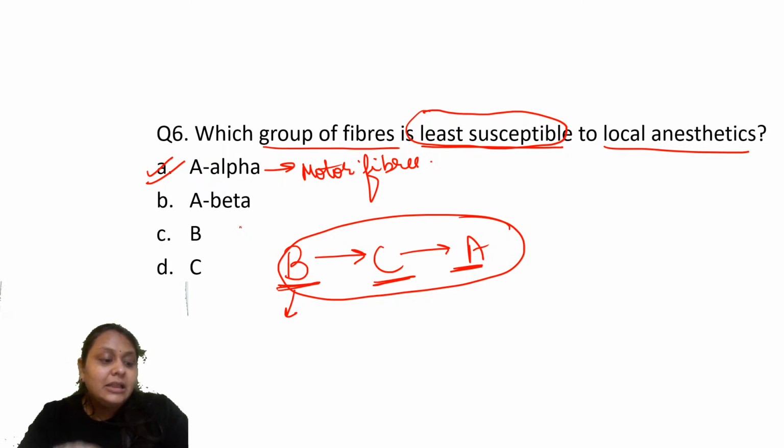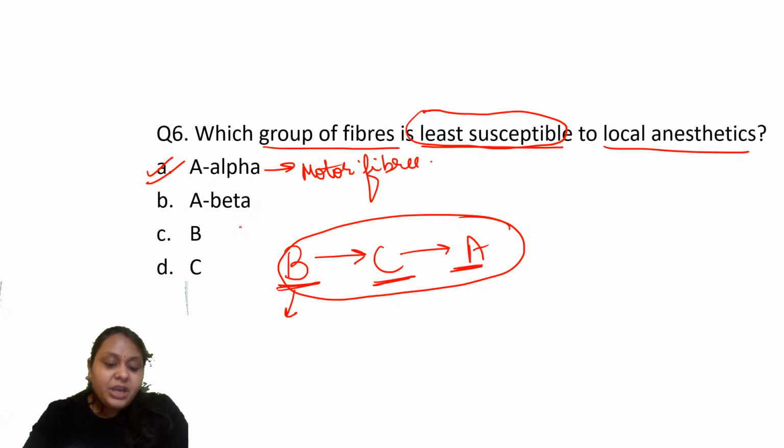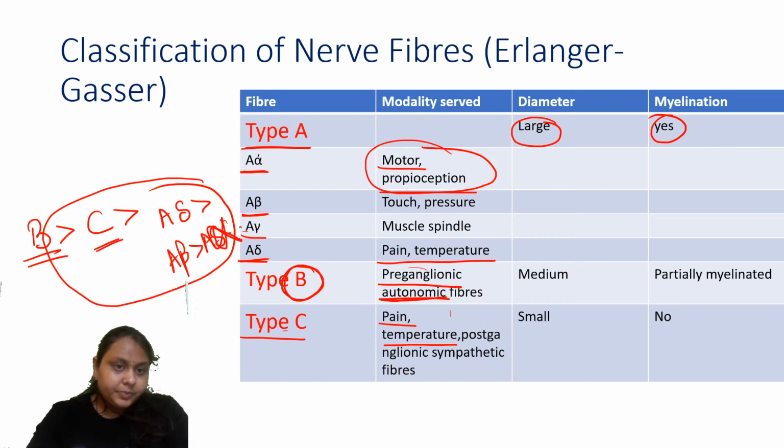Why? Because we are seeing the motor component of it. And if that has come, we see that the pain, temperature, touch, pressure and autonomic features have already gone, right? So therefore the answer should be A alpha.